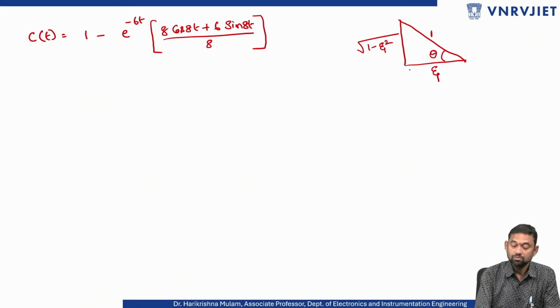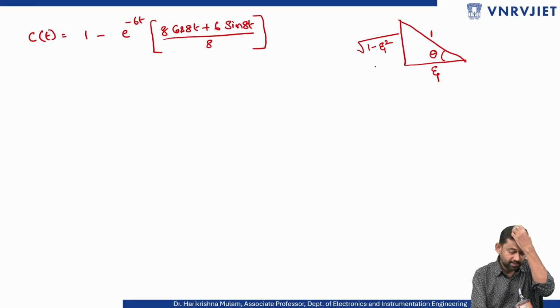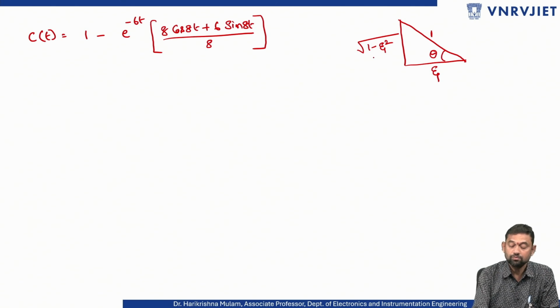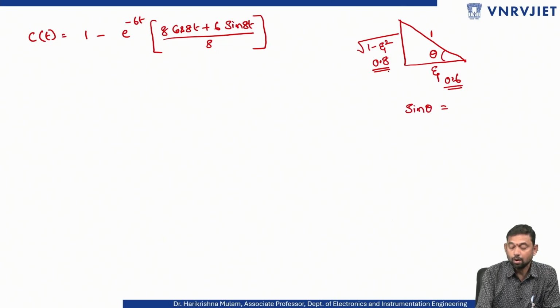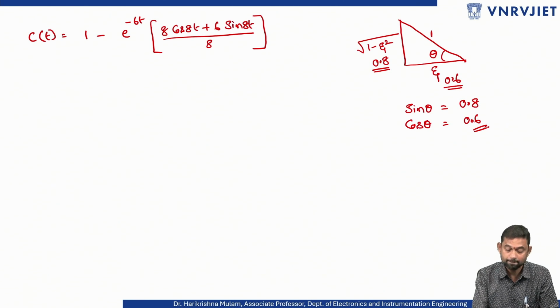So in this system, as zeta is equal to 0.6, square root of 1 minus zeta square becomes 0.8, whereas zeta, as we already said, is 0.6. Therefore, you can write sin theta is equal to opposite side 0.8 by hypotenuse 1, that is 0.8. Similarly, cos theta can be written as adjacent side by hypotenuse, which is 0.6 by 1, which is 0.6.